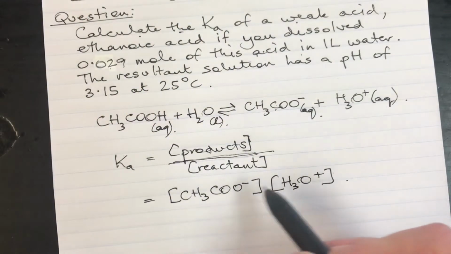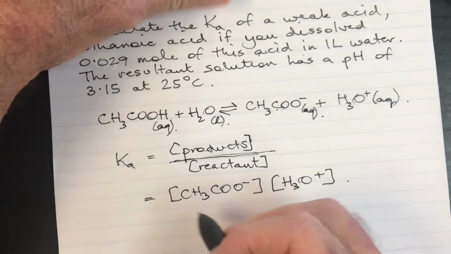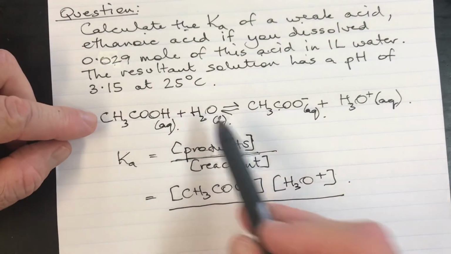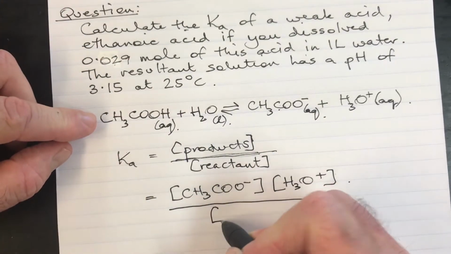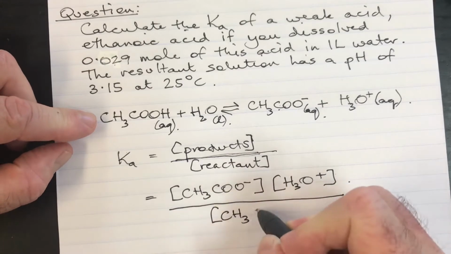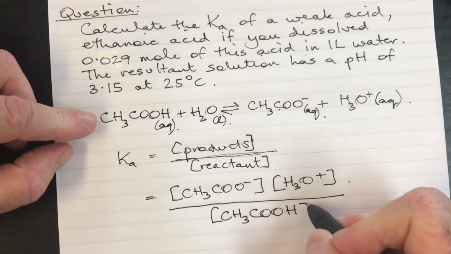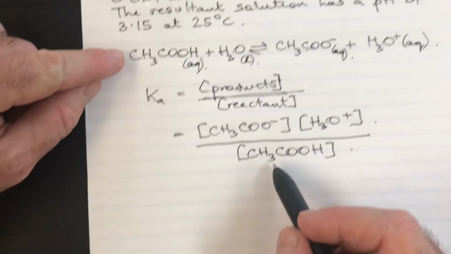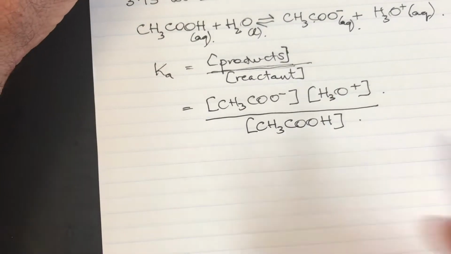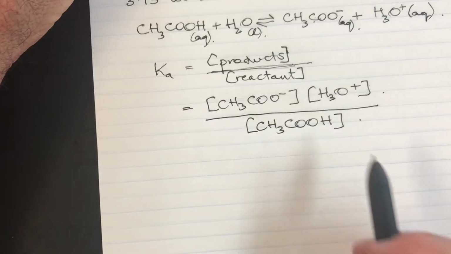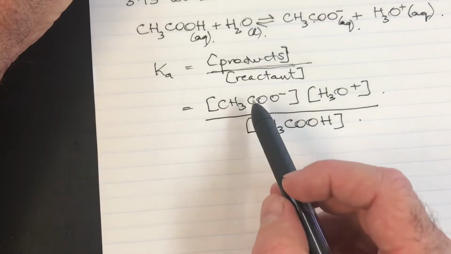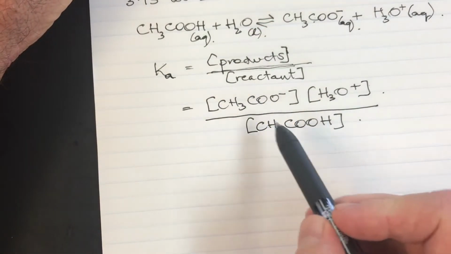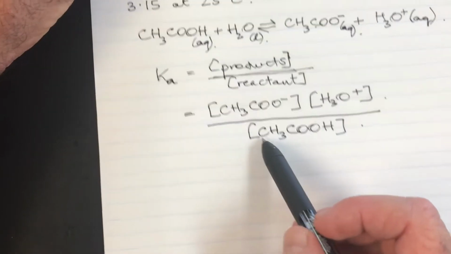It's one product concentration times the concentration of another product, divided by the reactant concentration for the unionized acetic acid. Remember, we don't include water because it's constant. Okay, so that's the equilibrium expression. Now don't forget, it's at equilibrium, so these concentrations must be equilibrium concentrations.